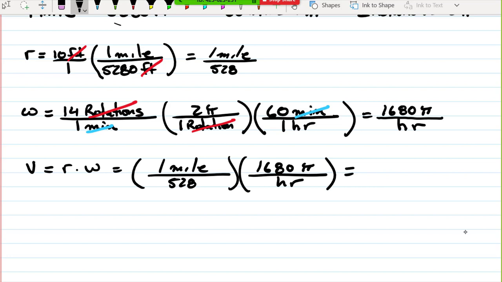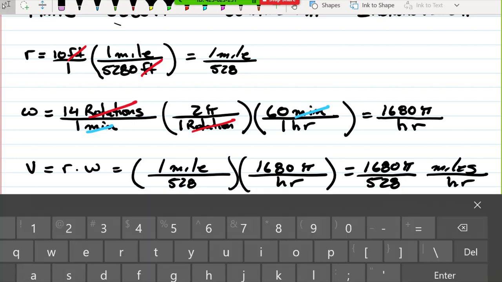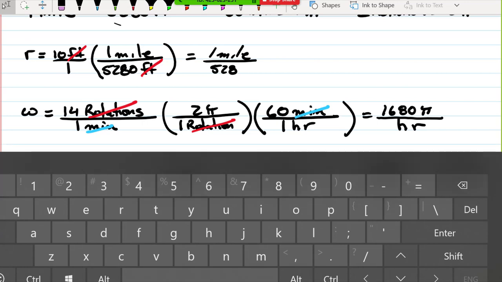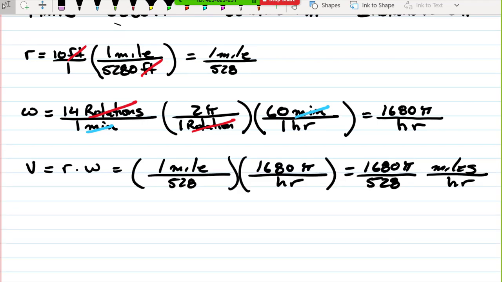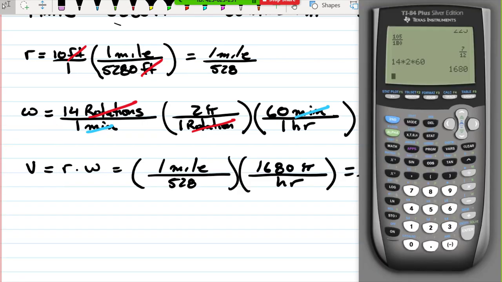So then that gives me 1680 pi over 528, and then my units that are left are miles per hour, which is what I wanted. So that's my exact answer, but let's go ahead and get a decimal approximation.